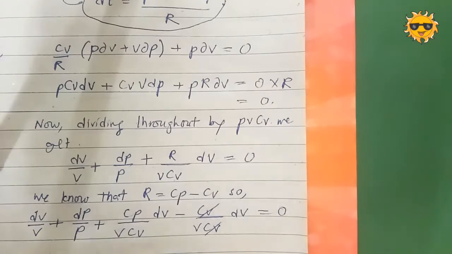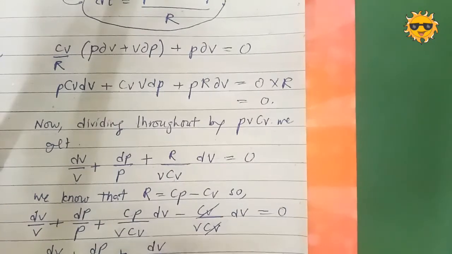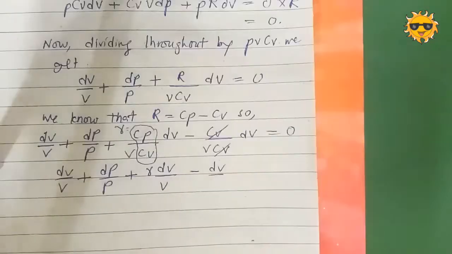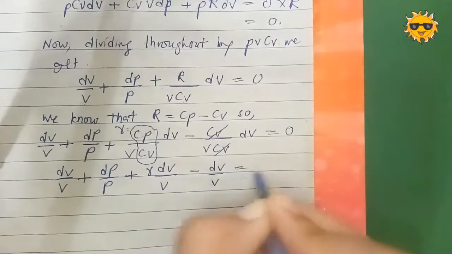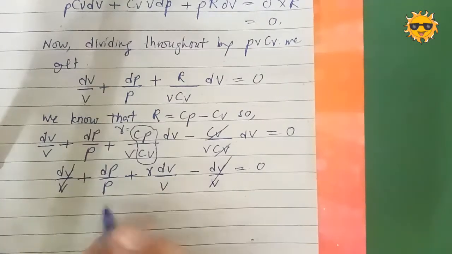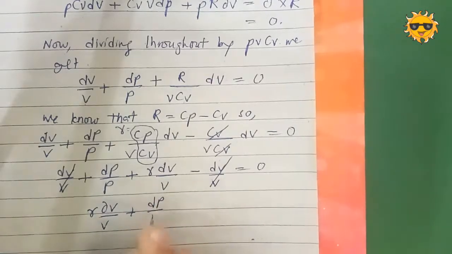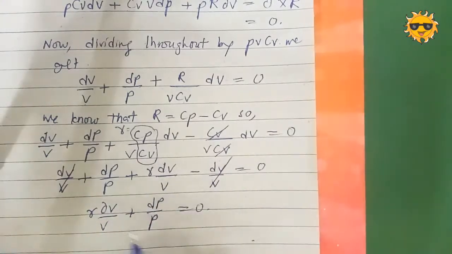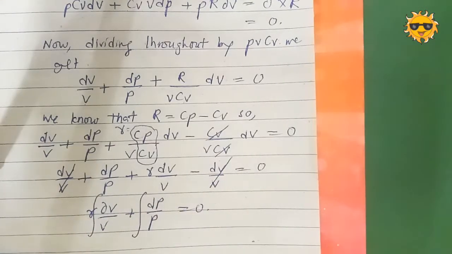Now we get that Cp by Cv is equal to gamma. So we have dV by V plus dP by P plus gamma dV by V minus dV by V equals 0. Here dV by V and minus dV by V will cancel out. What we are going to get is gamma dV by V plus dP by P equals 0.